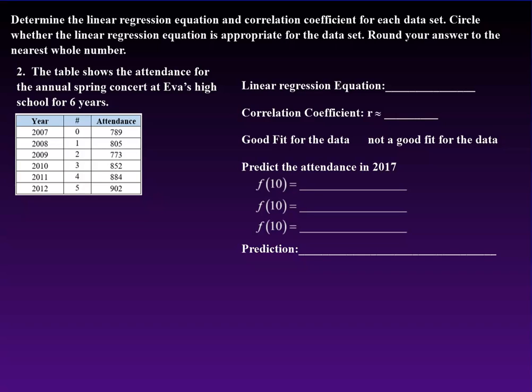Number 2, the table shows the attendance for the annual spring concert at Eve's High School for 6 years. And so we can see on the table, we have the years over here, we have numbers in the middle, and then we have attendance.